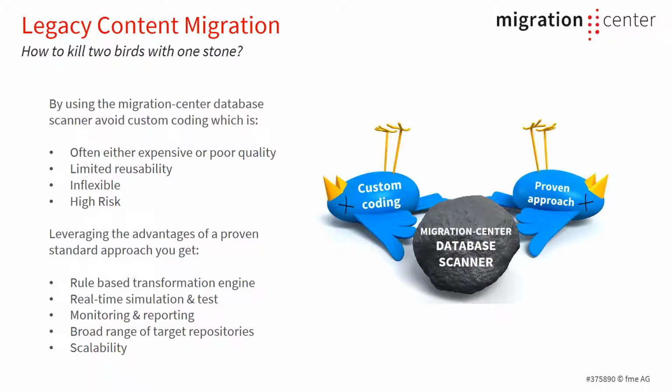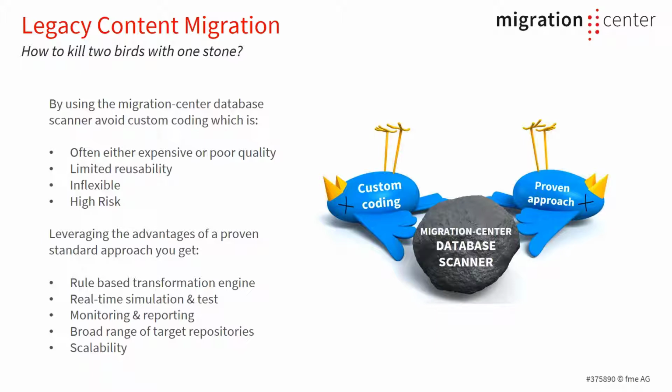Or to be more positive, the really good thing is we are already in a standard approach when we've used the database connector, because we use the Migration Center approach, which is really proven from, as you've seen, more than 400 migrations.